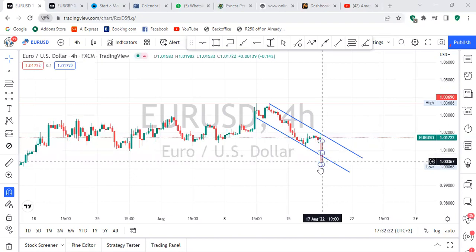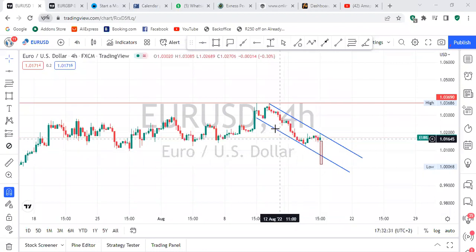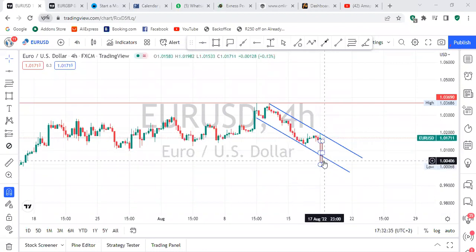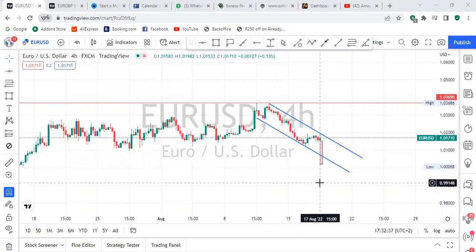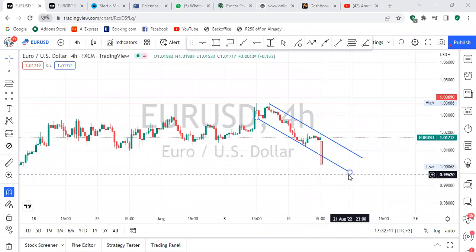Okay, I'm saying if you are waiting for a sale, right? You are supposed to let the candle break this trend line. That will be confirmation that you are now going to look for sales. It's called trend line breakout strategy.